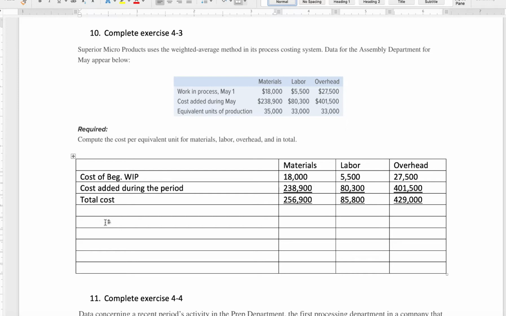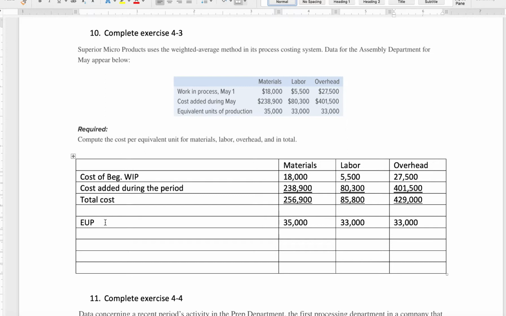Now the next thing I need to do is take my equivalent unit of production. Guess what? They give us the equivalent units of production. With respect to material, it's 35,000. With respect to labor, it's 33,000 units. And with respect to overhead, it's 33,000 units.